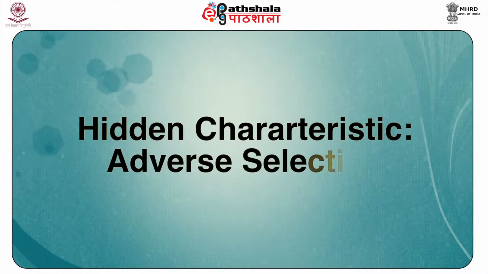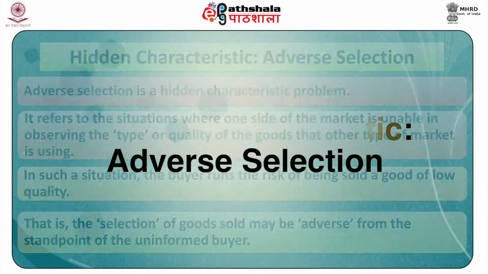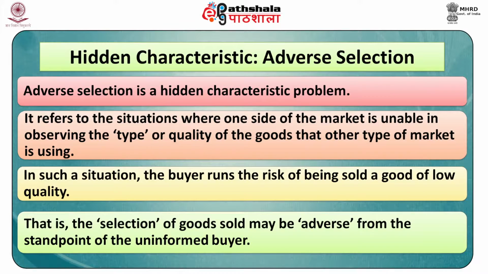Hidden characteristic: adverse selection. One of the outcomes of asymmetric information is adverse selection. Adverse selection is a hidden characteristic problem. It refers to situations where one side of the market is unable to observe the type or quality of the goods that the other side of the market is dealing in.